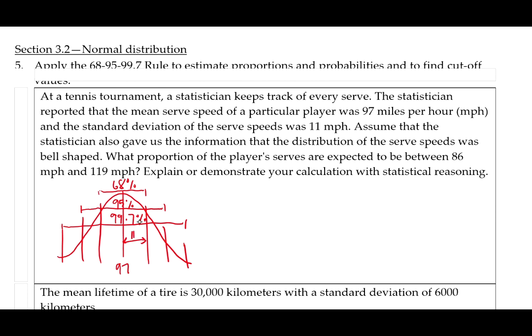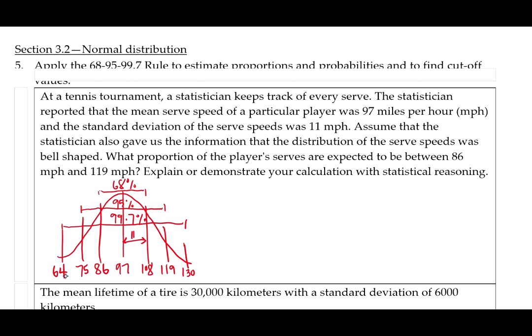So I can label this. 97 plus 11 is 108. 108 plus 11 is 119. 119 plus 11 is 130. And then I can label the lines to the left of the mean. 97 minus 11 is 86. 86 minus 11 is 75. And 75 minus 11 is 64.